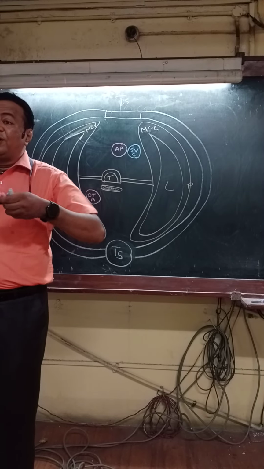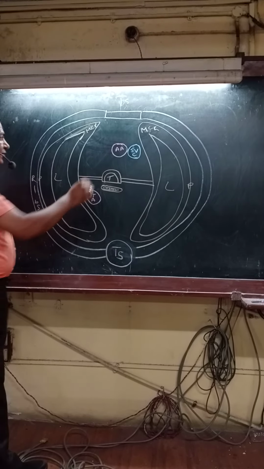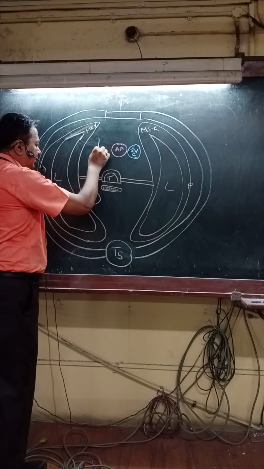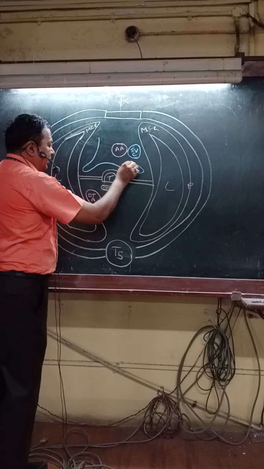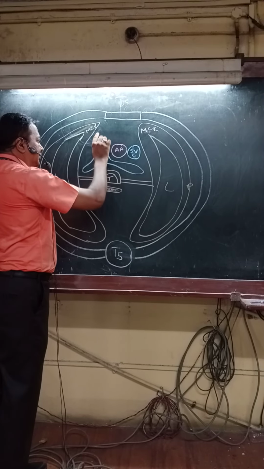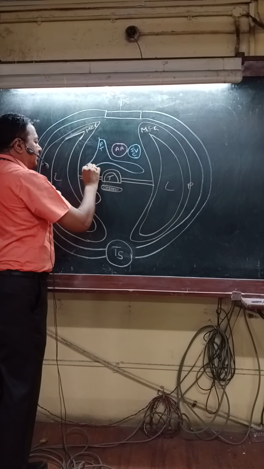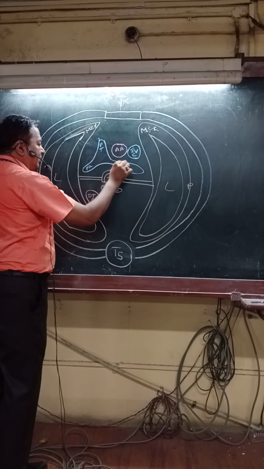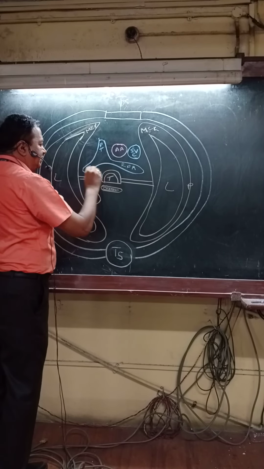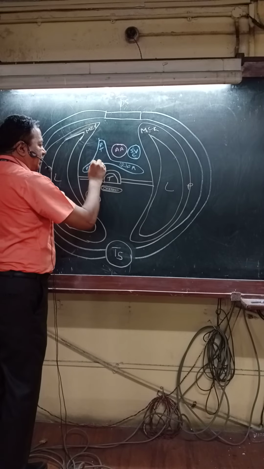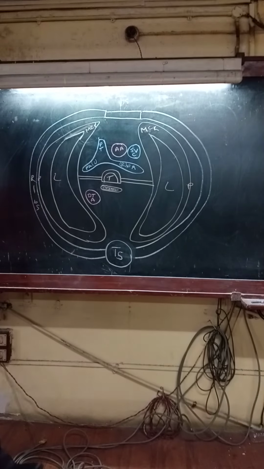So pulmonary trunk dividing into two pulmonary arteries. This is pulmonary trunk, this is pulmonary artery of the right side, pulmonary artery of the left side.